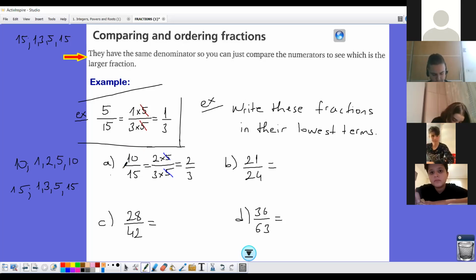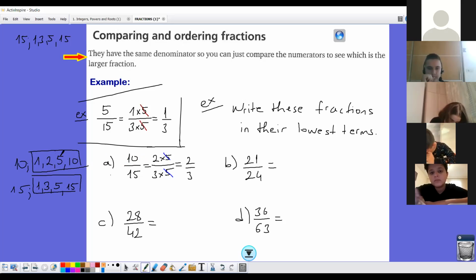Here I have 10. I am trying to find the factors of 10. It is 1, 2, 5, 10. These are the factors of 10. And the factors of 15: 1, 3, 5, 15. Which one is common?